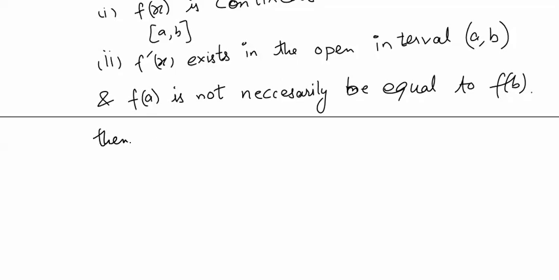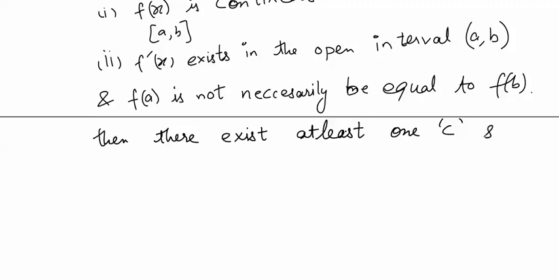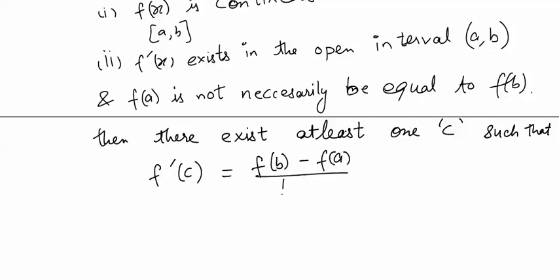Then there exists at least one c such that f dash of c is equal to f of b minus f of a upon b minus a.